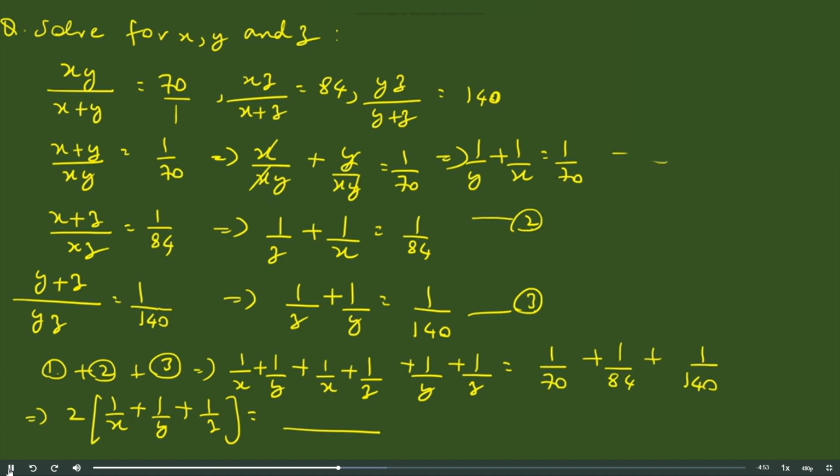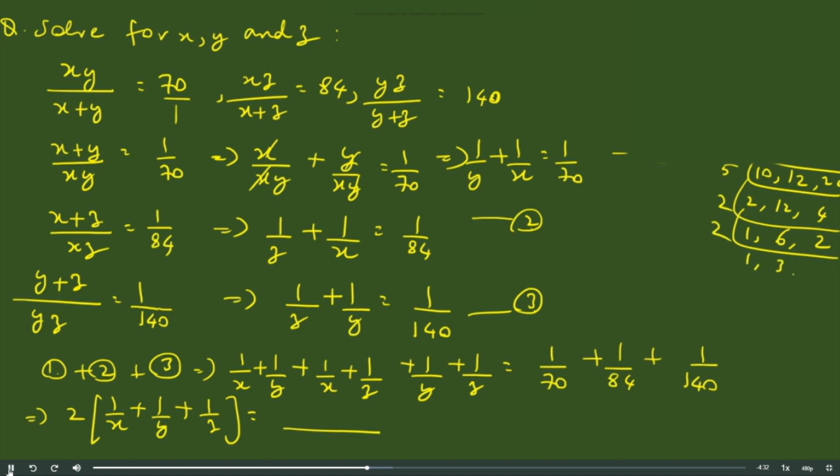Okay, we'll do it here and see. 70, 84, 140. 7 tens, 7 12s, 7 20s are 140. 5 into 2, 5 into 4. 2 into 1, 2 6s are 12, 2 2s are 4.